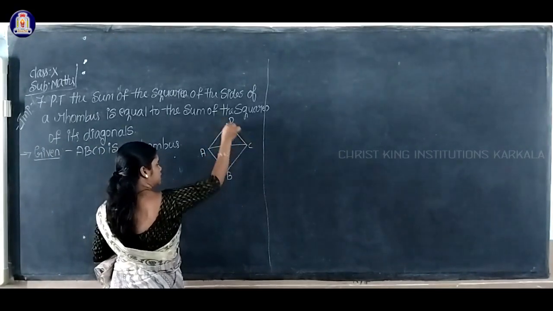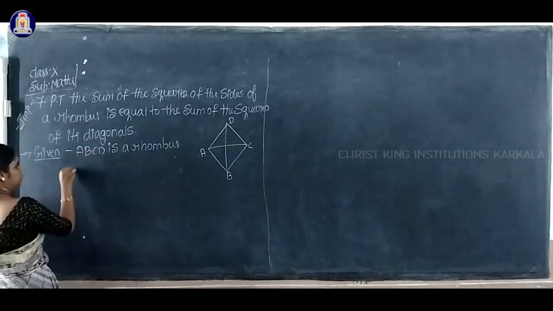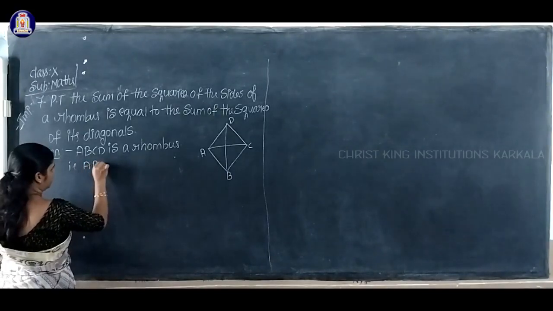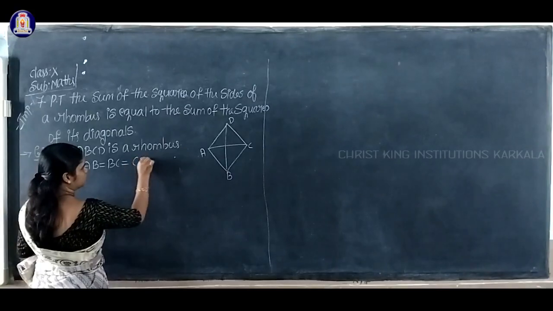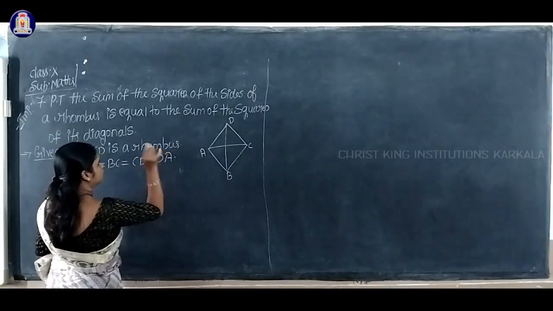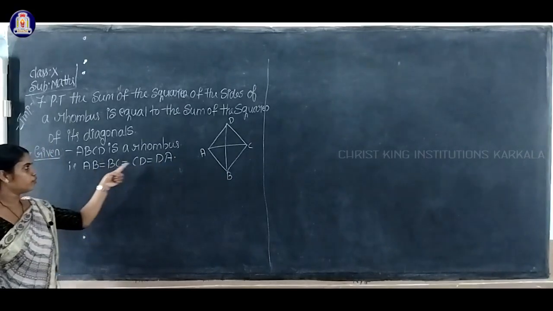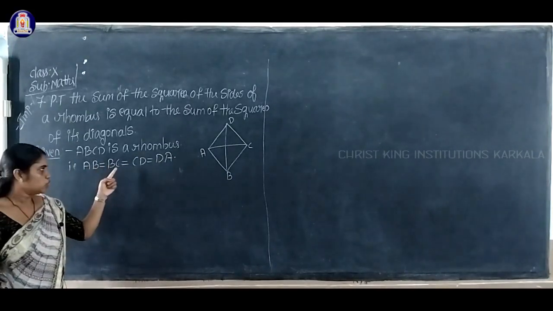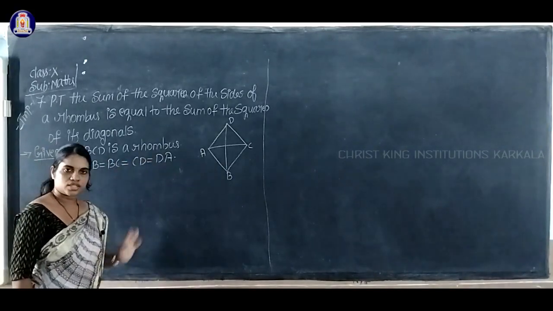AB, BC, CD and DA. These are the four sides, right? So can I say that the length of AB equals BC equals CD equals DA? ABCD is a rhombus, meaning all four sides are equal: side AB equals side BC equals side CD equals side DA.